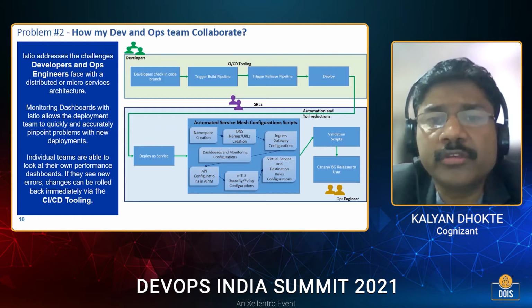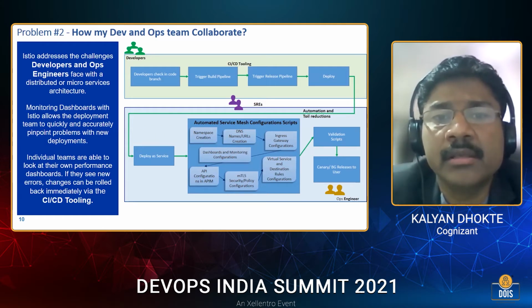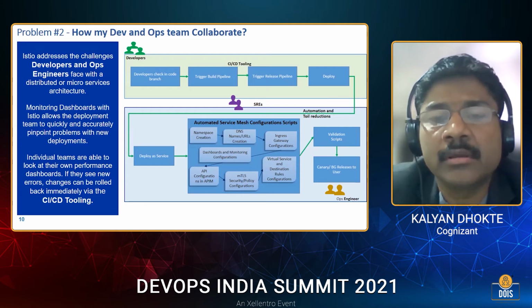So overall, developing and managing hundreds of microservices at scale is a challenge for both development and operations teams. The objectives of dev and ops teams often counter each other. The development team wants to release any changes or any new microservice very fast into production, but the operations team wants to put a brake on that, as they are very concerned about the SLA.